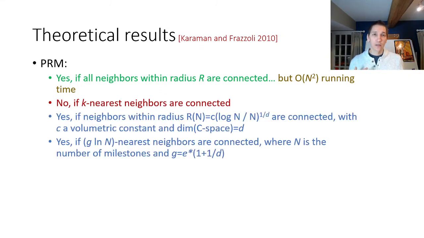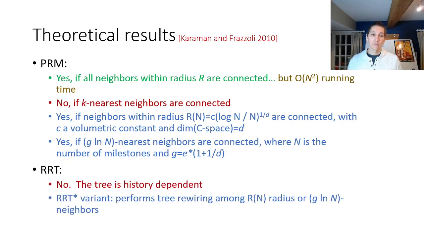Now, they showed that we can also define a certain dynamic radius that actually shrinks over time so that we retain asymptotic optimality, but we have a better running time, order n log n. Also, we can dynamically change the k in the k nearest neighbors approach by increasing k as we add more points. In fact, if we make this proportional to the log of the number of current milestones, then we can retain asymptotic optimality.